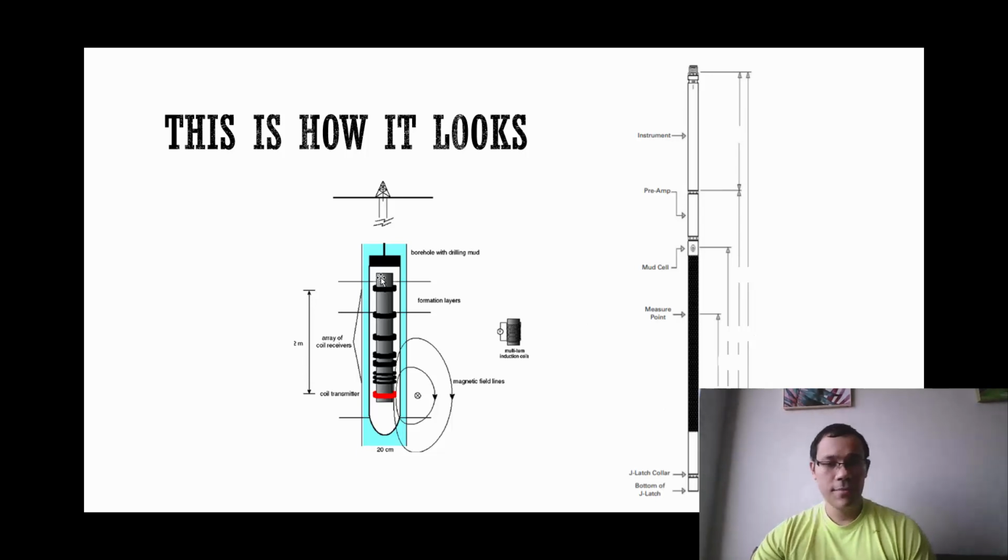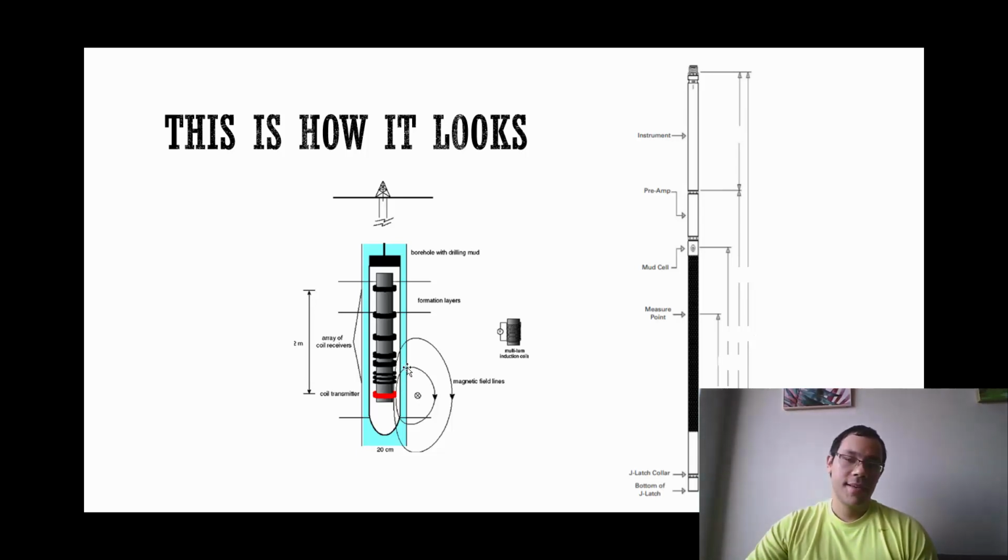But when it is working, you put it in the borehole, and a transmitter starts to create this magnetic field. And as you can see, there are some signals that represent properties of the formation, some near to the borehole and some others farther.